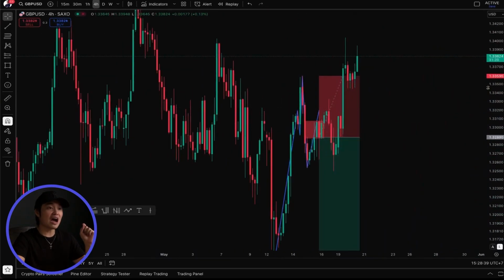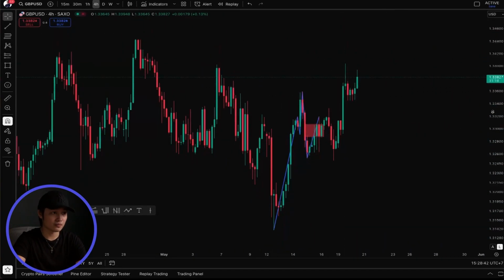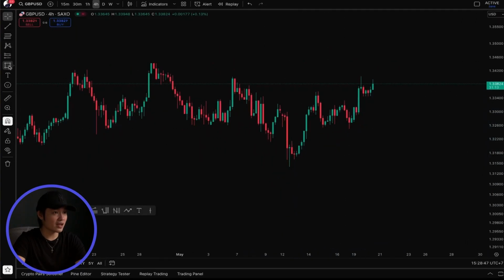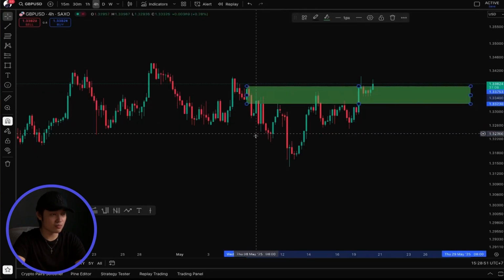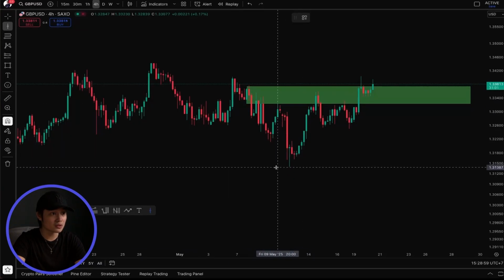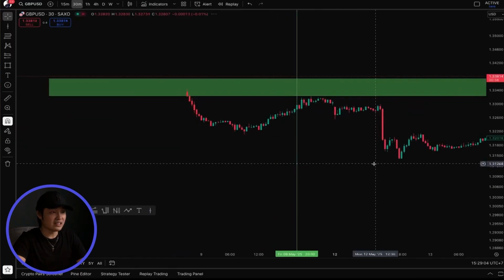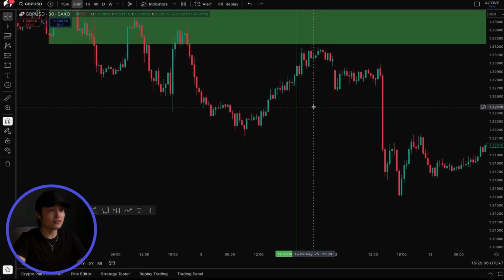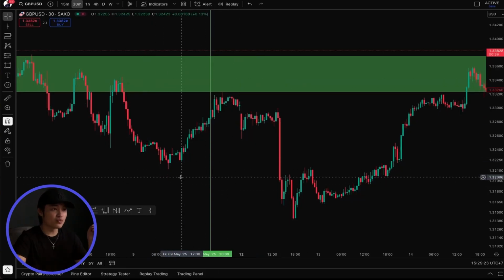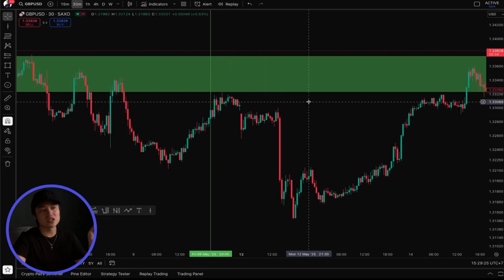Okay, let me delete this. If I had entered here in this price movement, let me zoom in to the lower time frame so you can see more clearly what I mean. In the 30-minute time frame, we see that when price came up and retraced into the supply zone, the price made a base draw formation.